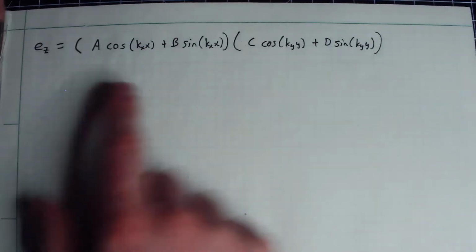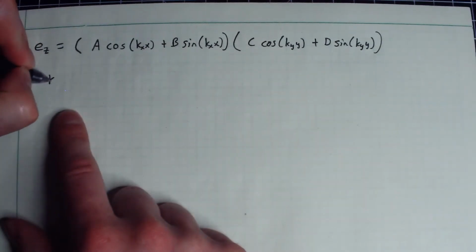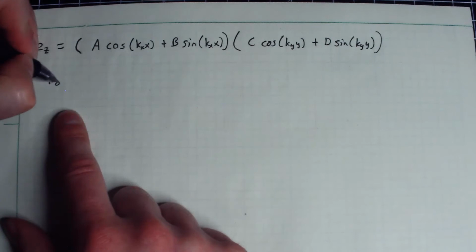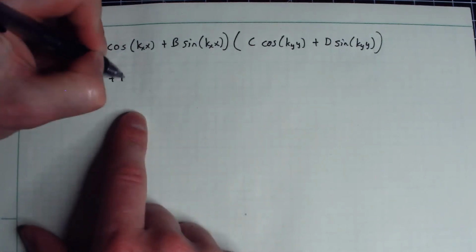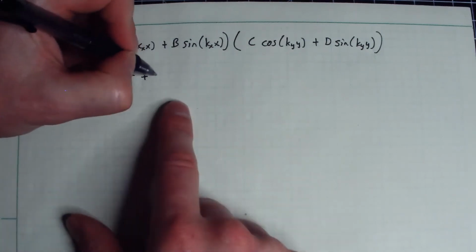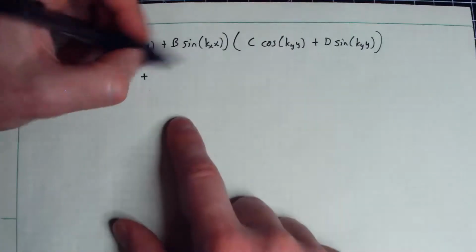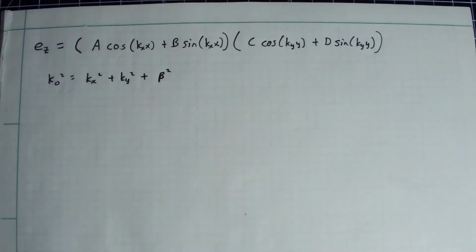And remember that in order to get here, we had to make the assumption that k_0 squared is equal to k_x squared plus k_y squared plus k_z squared, but we usually like to call that beta instead because it's special.